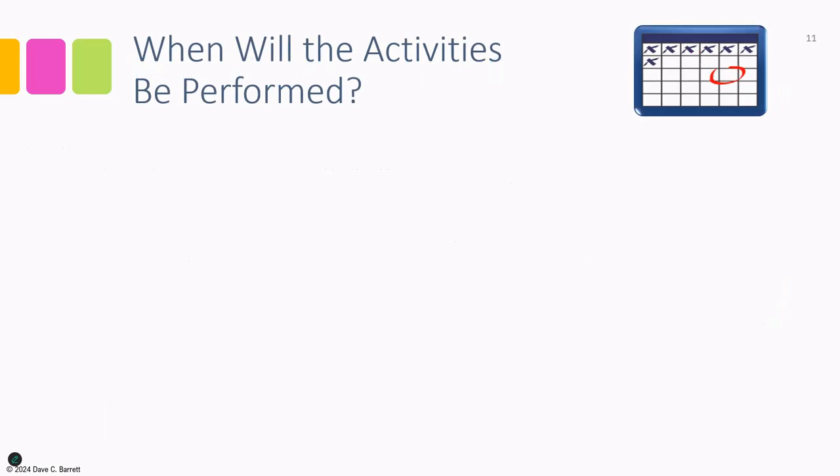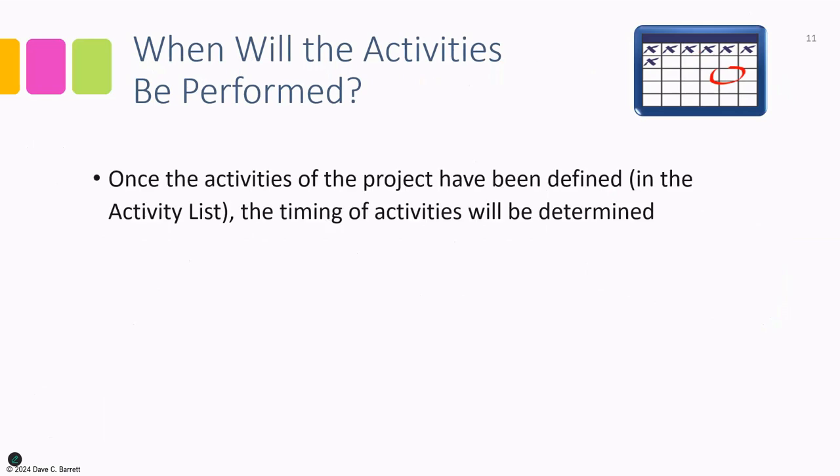We then now need to ask the question, when will the activities be performed? The activity list itself does not define the timing. So we need to think about that. Once the activities of the project have been defined, the timing will need to be determined.